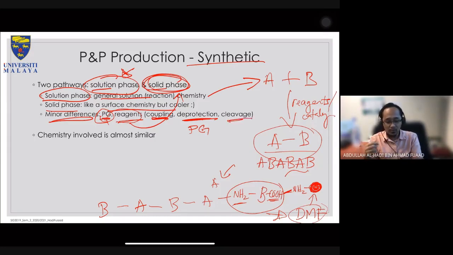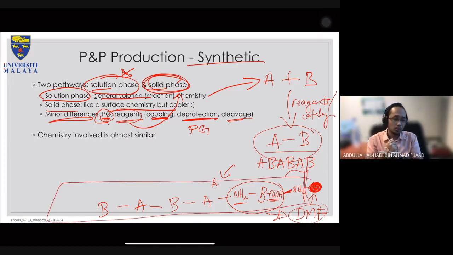And then the cleavage of the peptides from the solid support, so that finally you can get your own protein or peptides. Okay, but in terms of the chemistry, the concept about connecting the carboxylic acid group to a free amine is the same. Okay, it's the same for both solution phase and solid phase. So the chemistry is almost similar, but all the reagents and the way you conduct the reaction is different.